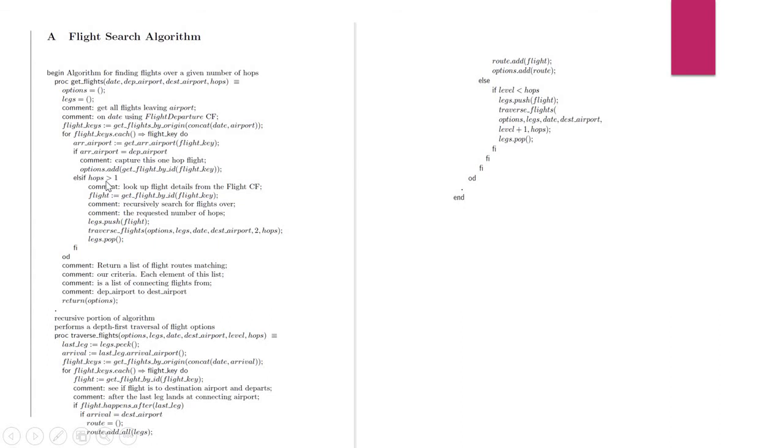Or else if the hops are greater than 1, then look up flight details from the flight column family. So we get the flight by get flight by ID using the flight key as the input. This is a recursive process, and for the requested number of hops, this process repeats, and it will return the list of flight routes matching the input of the user.